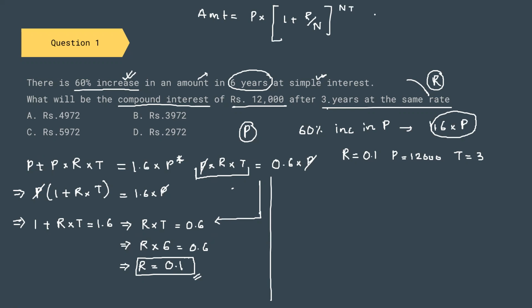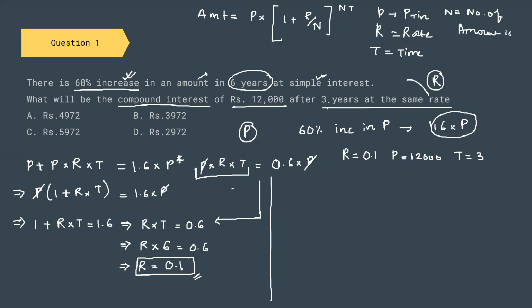What are these terms? P is our principal amount, R is our rate of interest, T is our time, and N is the number of times the amount is compounded.